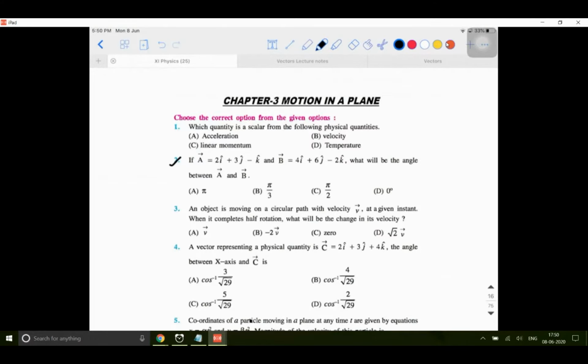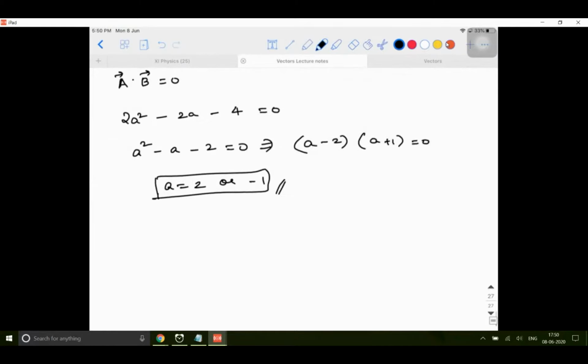So can someone tell me what are the two vectors? Sorry? 0 degrees, sir. Yes, 0 is right.